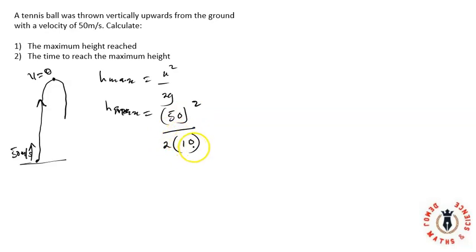I know g is equal to 9.8 meters per second squared, but let's approximate it to be 10 for convenience. Now this is equal to 50 times 50 over 2 times 10. 10 here is 1, 10 here is 5, 2 here is 1, 2 here is 25. 25 times 5 is obviously 125 meters. So the maximum height reached for this tennis ball would be 125 meters.